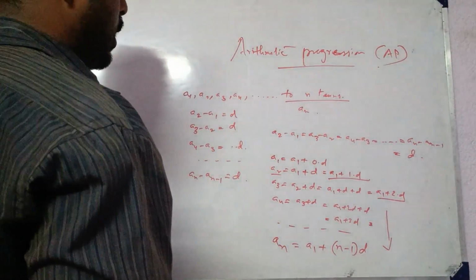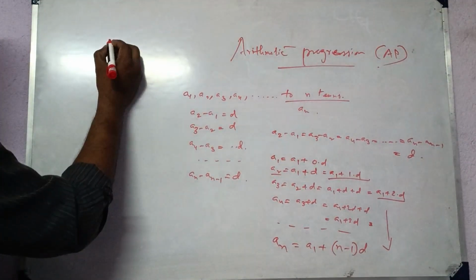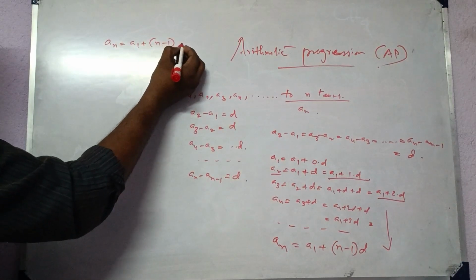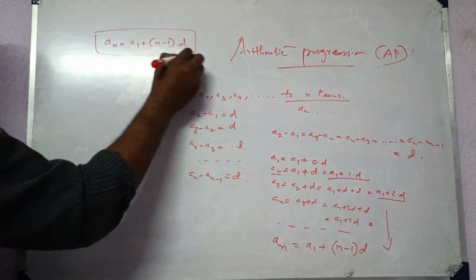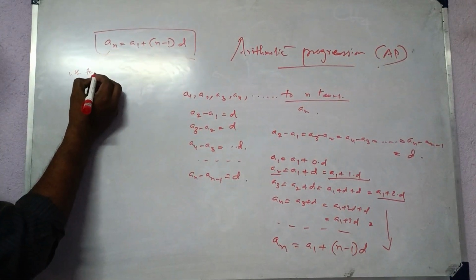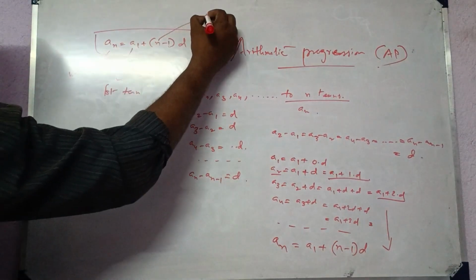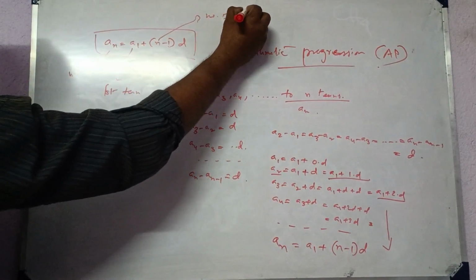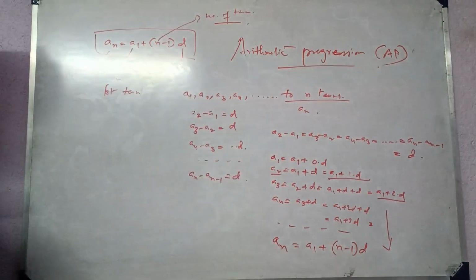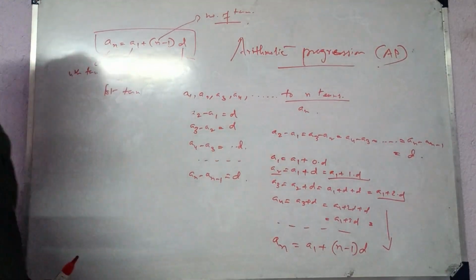So here we get a formula for the nth term of an AP. The nth term of an AP is given by an equals A1 plus n minus 1 into D, where an is the nth term, A1 is the first term, n is the number of terms, and D is the common difference. This is the formula to get the nth term of an AP.